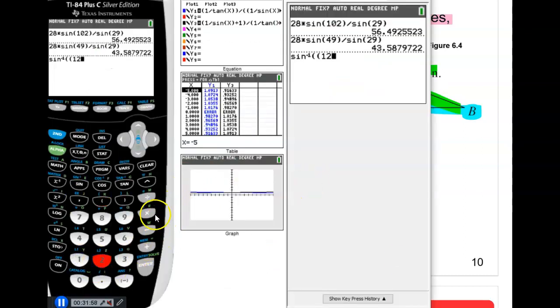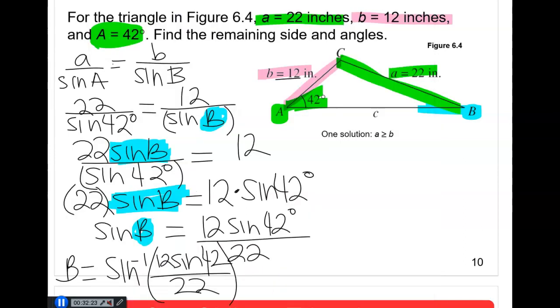So 12 times the sine of 42 degrees. I'm going to close that with double parentheses. One is for the degree and one is for the numerator. The one here for the numerator is closing this one here. And the first parenthesis is for sine inverse. Then after that, I'm going to enter divide. And then I believe we're dividing by 22.